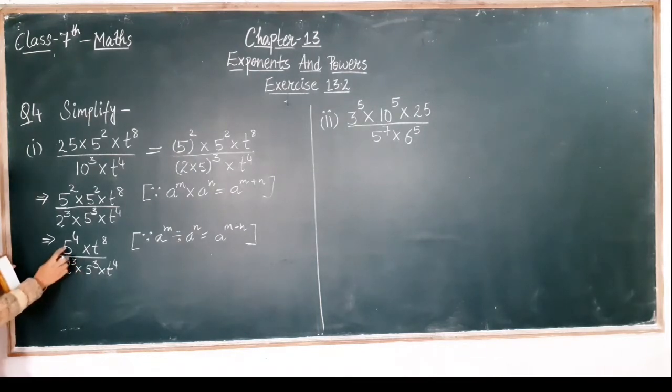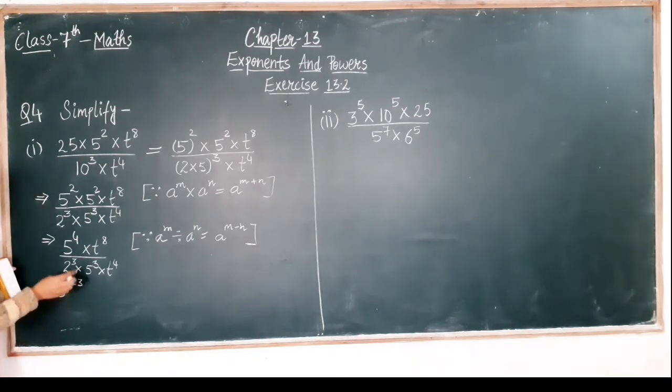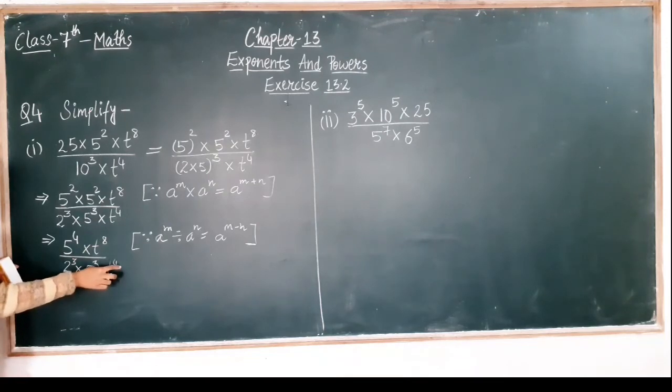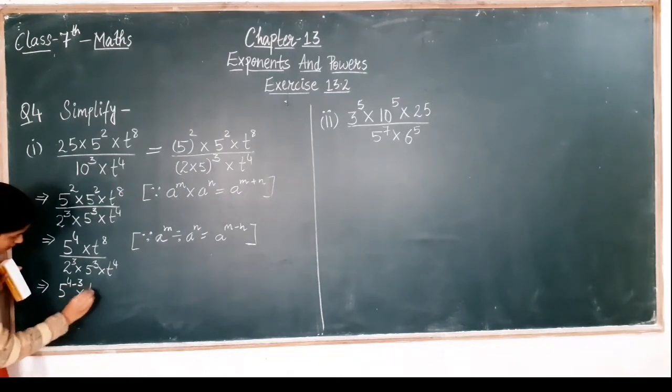As the bases of 5 raised to the power 4 and 5 raised to the power 3 are same, we can write it as 5 raised to the power 4 minus 3. And here also the bases of t raised to the power 8 and t raised to the power 4 are same and powers are different. So here also we can subtract.